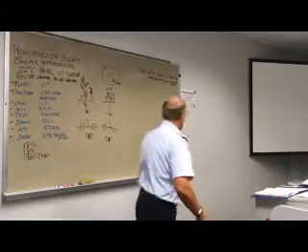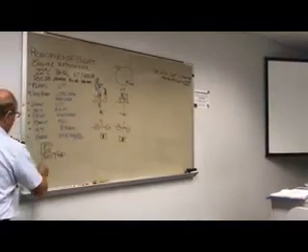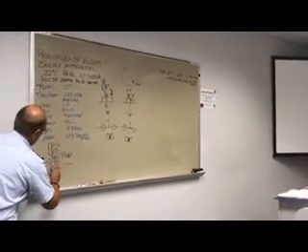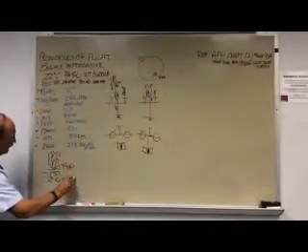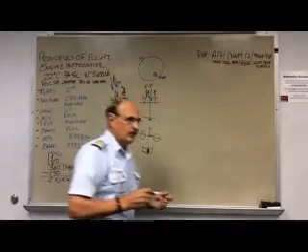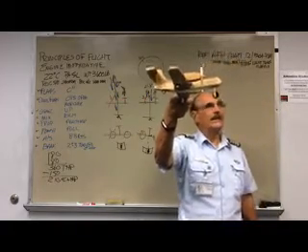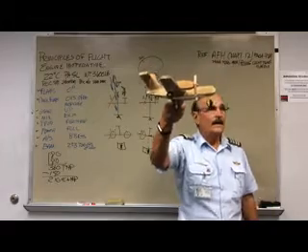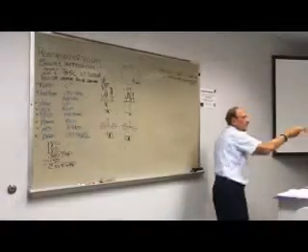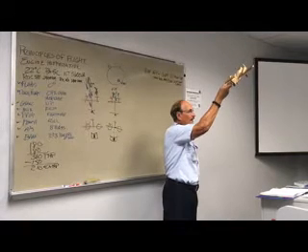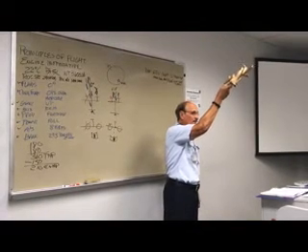So what does that mean? If I subtract 150, that gives me an excess horsepower of 210. So with that excess horsepower of 210, I can do one of two things. I can go faster, or I can climb at 88 knots at 1,400 feet per minute.